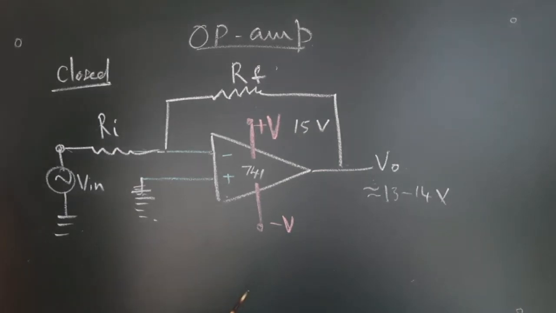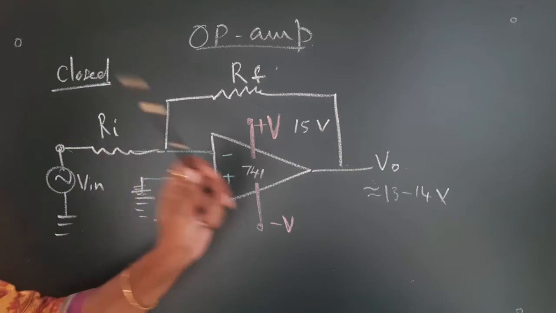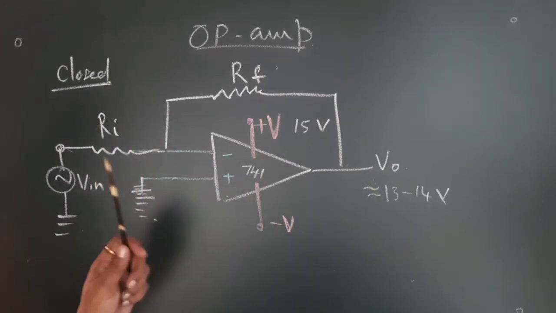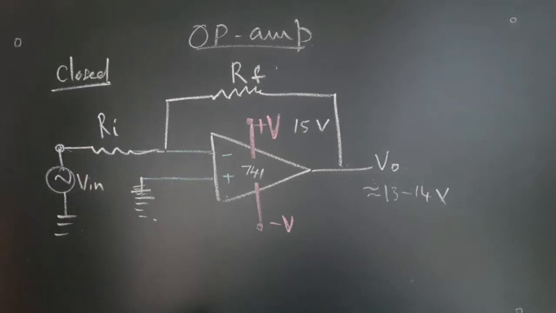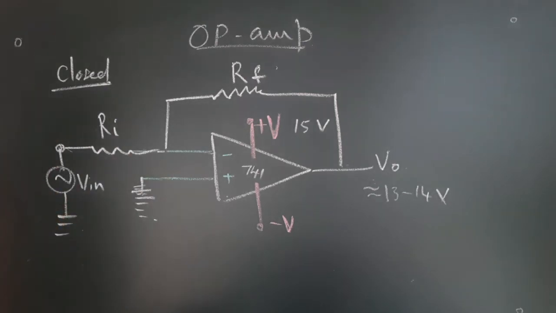We have already learned what the advantages of negative feedback are. It will increase the input impedance, it will decrease the output impedance, it will increase the bandwidth, and of course it will reduce the gain. So, all these advantageous properties of negative feedback can be attained here.